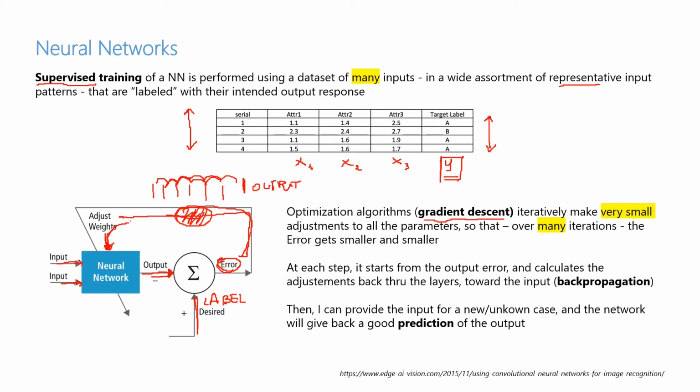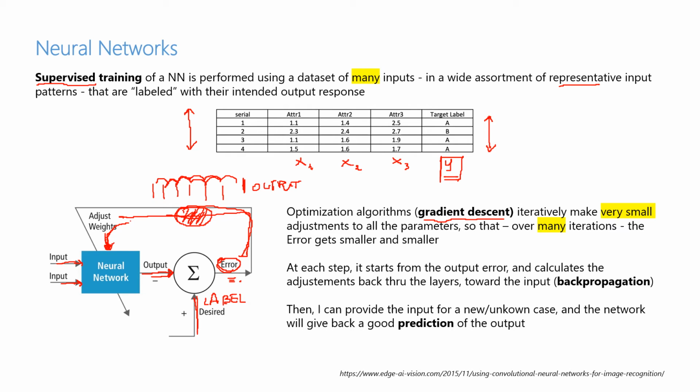So the key here is that we make very small adjustments and we go through the cycle many times, and hopefully at the end we see and we judge with some criteria that we start getting errors that are smaller and smaller, and the network is learning and is making small errors.